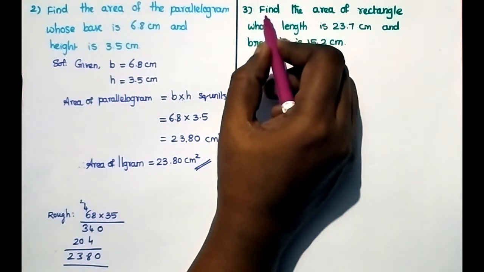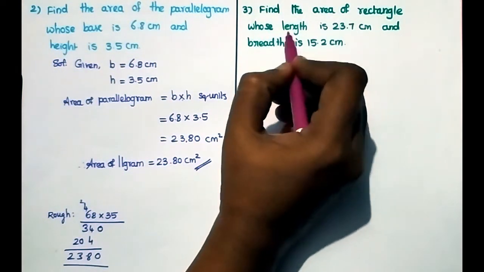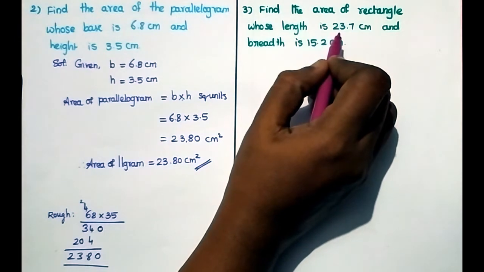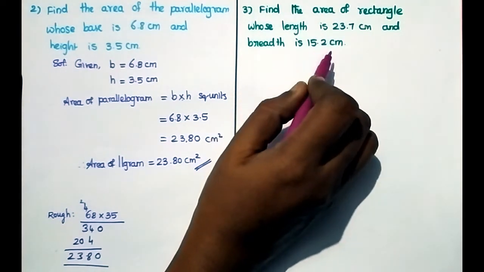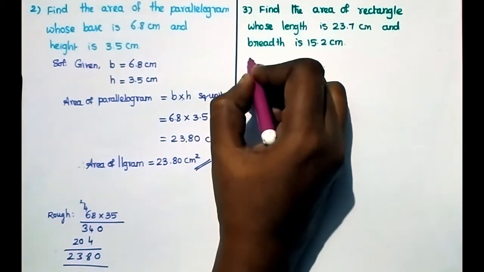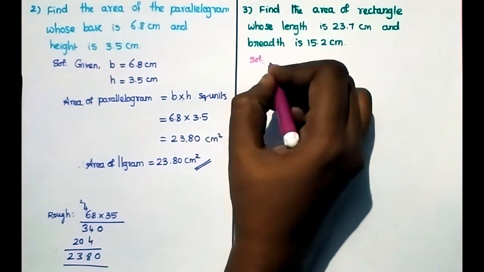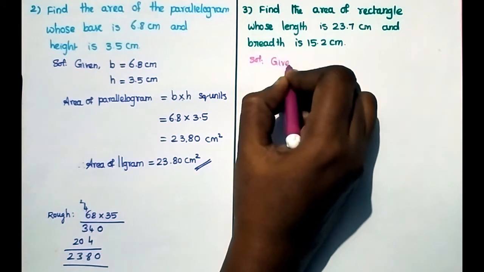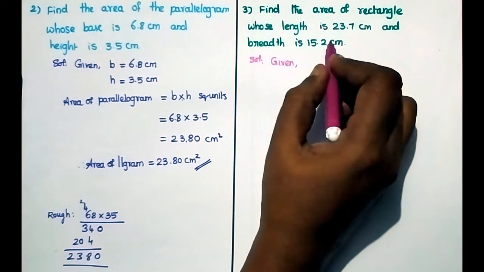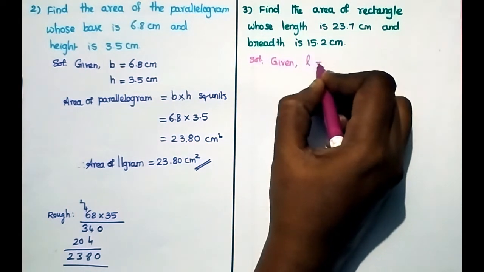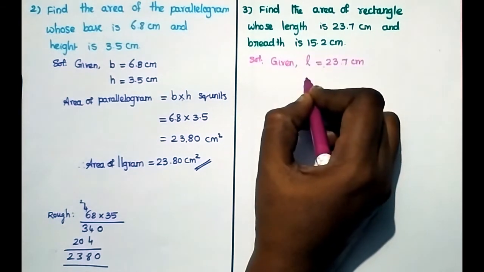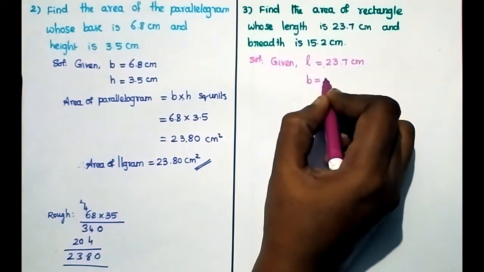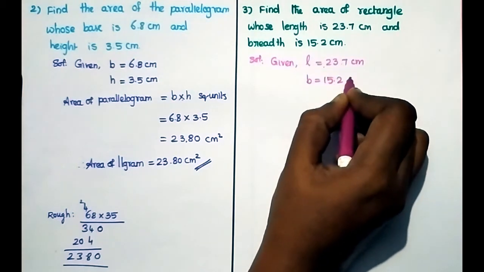Next, third question. Find the area of the rectangle whose length is 23.7 centimeter and breadth is 15.2 centimeter. Here also write down the given. Length L equal to 23.7 centimeter and breadth 15.2 centimeter.